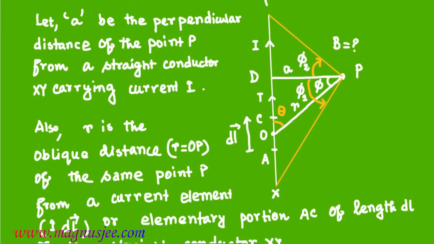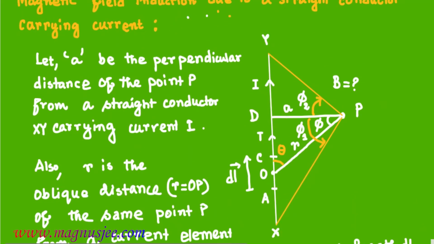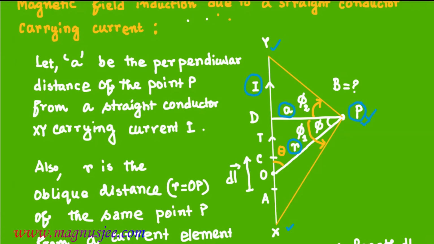In this case, we can describe the diagram. A is the perpendicular distance of the point P from the straight conductor XY carrying current I. R is the oblique distance of the point P from the current element AC, or elementary portion AC, and this current element is denoted by I vector dl.